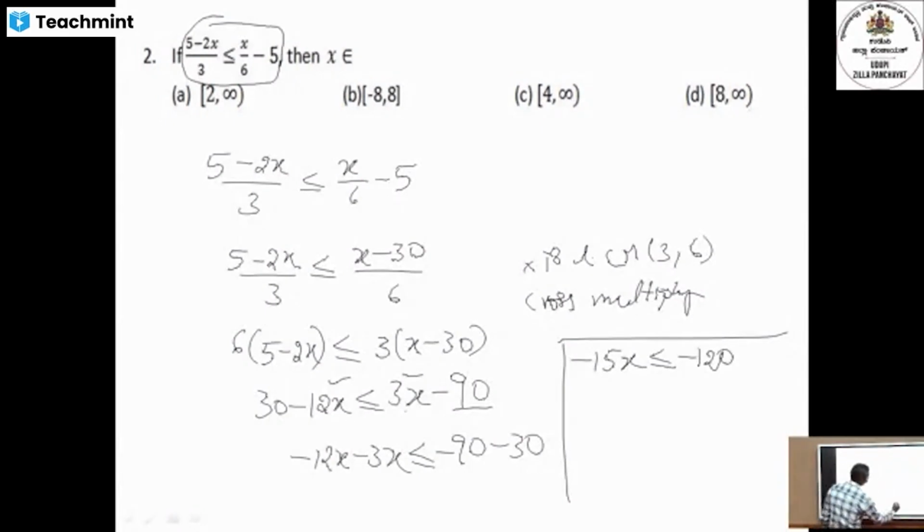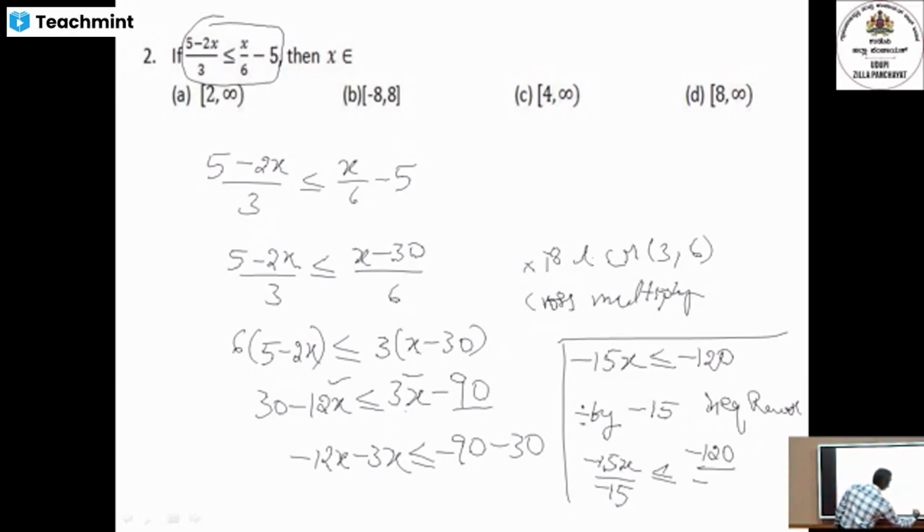What to do now? Divide by minus 15. The inequality reverses. So minus 15x divided by minus 15 less than or equal to minus 120 divided by minus 15.